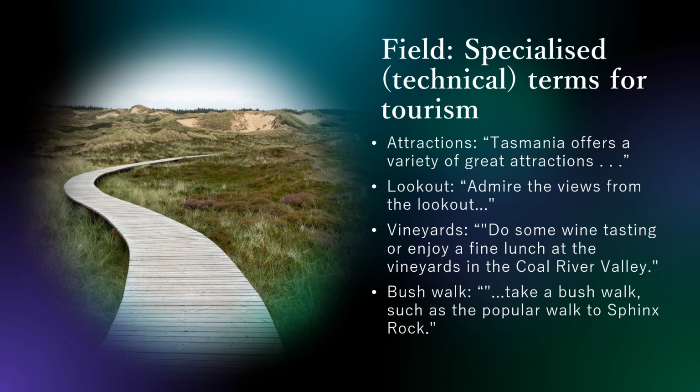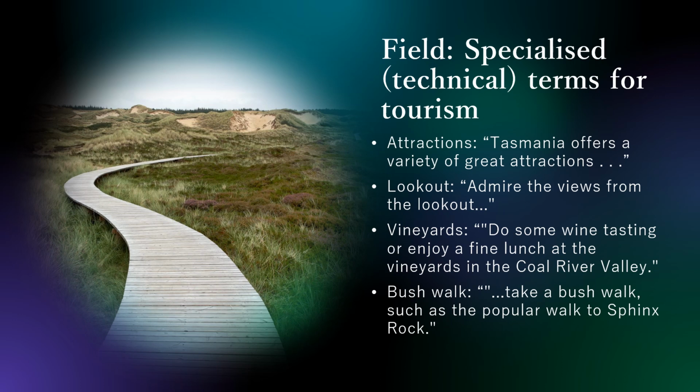Now you can see how the field determines the kind of language, the kind of terms, words, phrases that are used in the text. So if we, for example, are talking about the metamorphosis of a butterfly, then we will most likely use specialized terms related to biology, which is specific to the concept of metamorphosis, and so on and so forth.